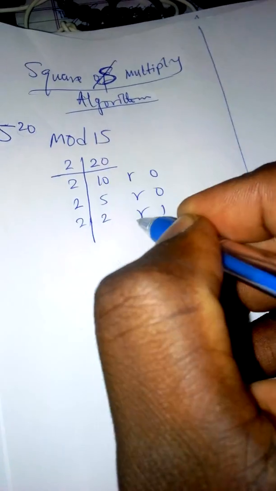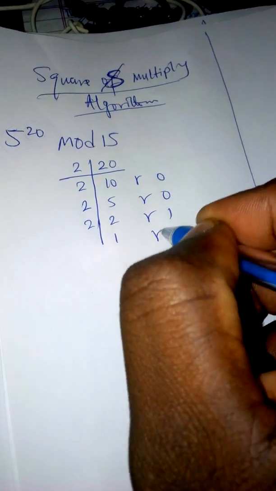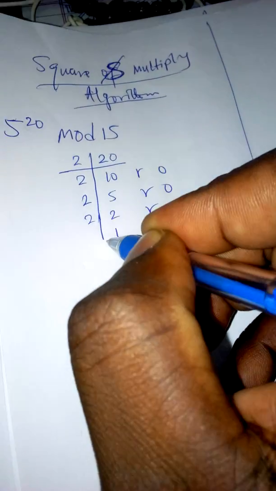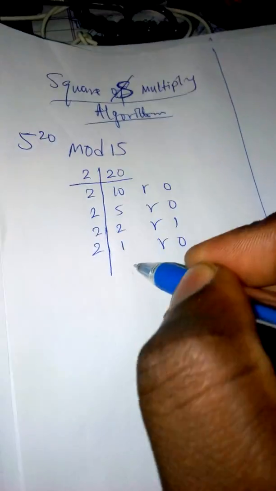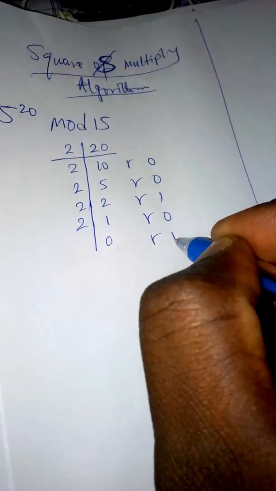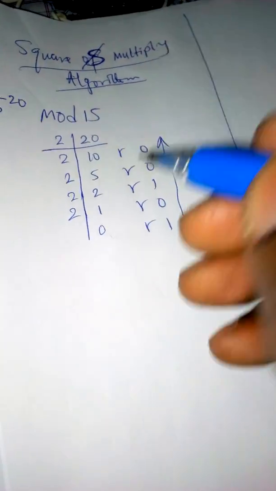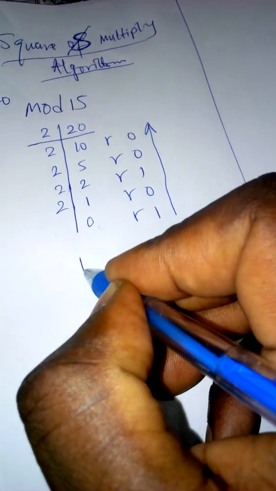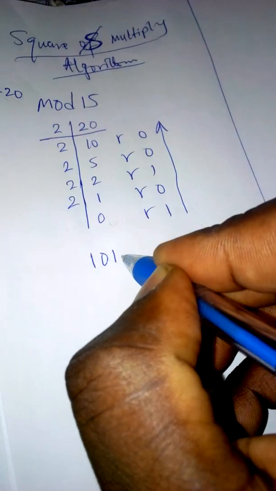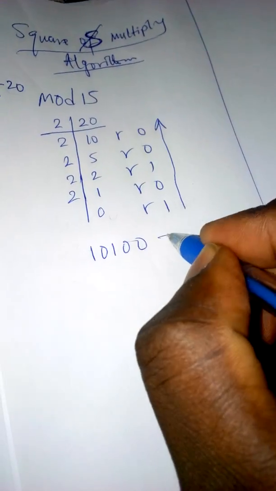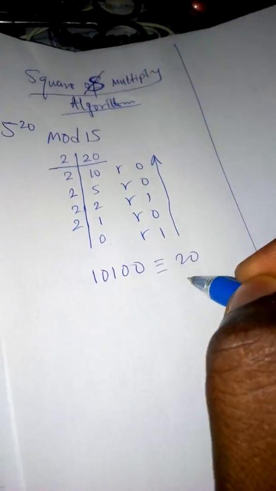Then 2 into 2 is 1, remainder 0. Then 2 into 1 is 0, remainder 1. We collect our numbers from bottom to top, where we have 1, 0, 1, 0, 0. So this is equivalent to 20 in base 2.